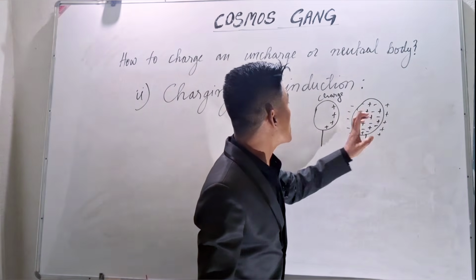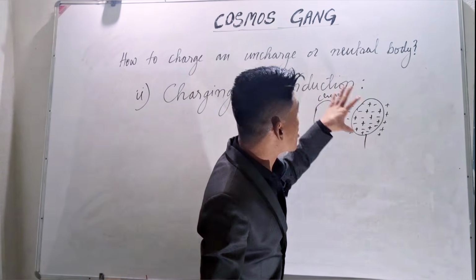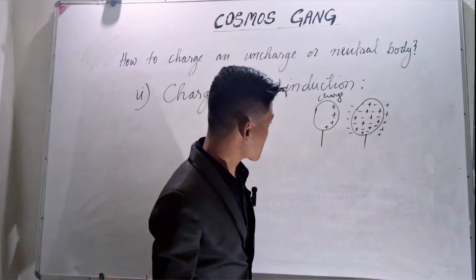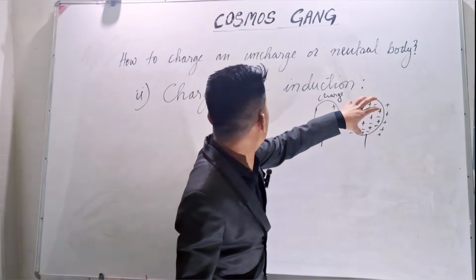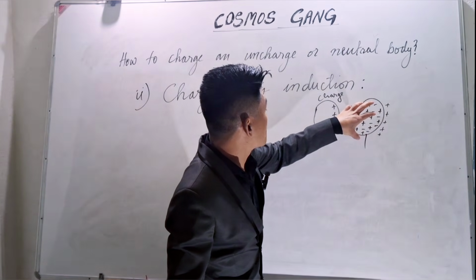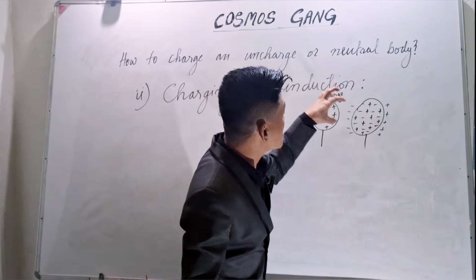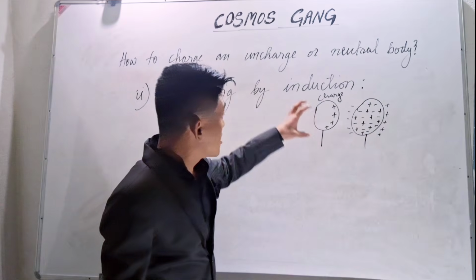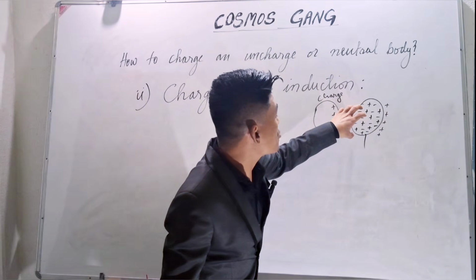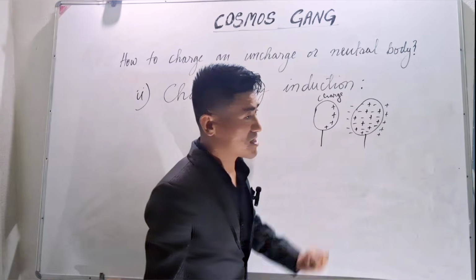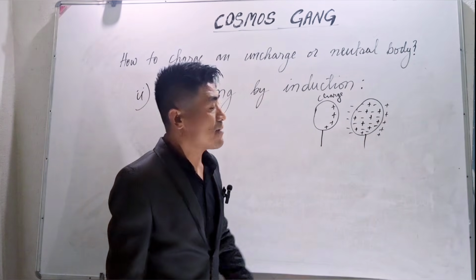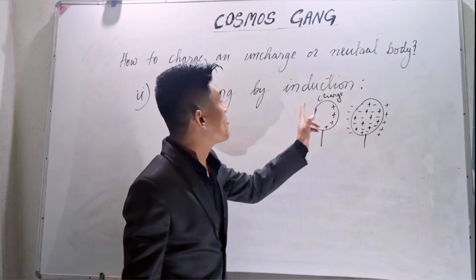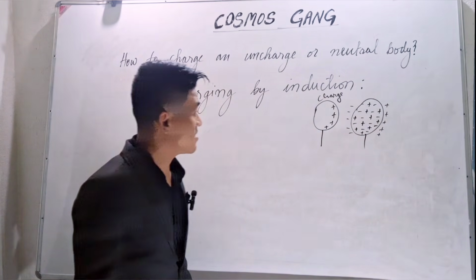Now this neutral body, after bringing this charged body, is being charged. So this method of charging a neutral body, when a charged body is brought near to it, is called induction. You can touch this charged body to the neutral body, or you can bring it near to it. It gives the same result. So in this way, we can charge a neutral body by bringing a charged body near to it.